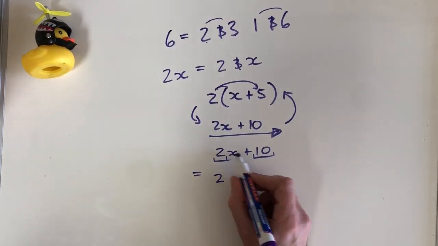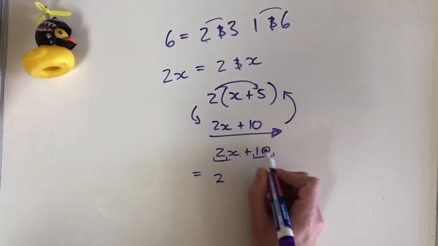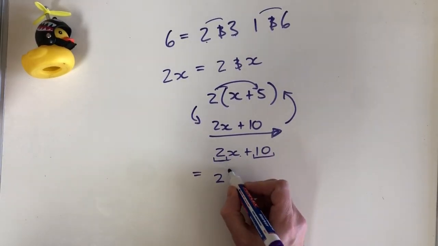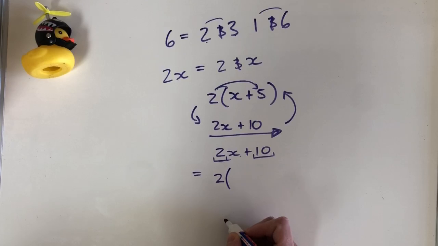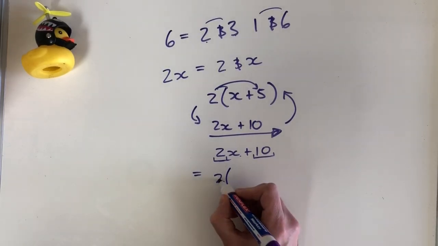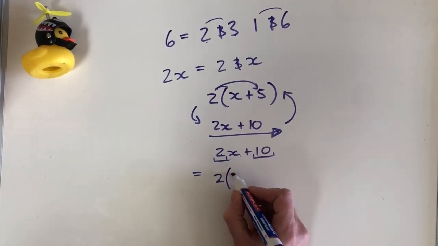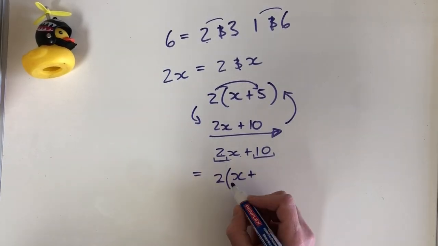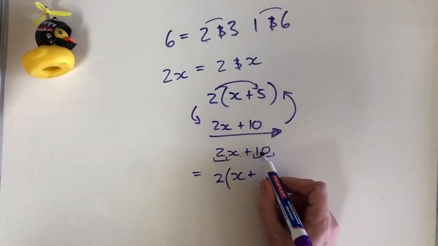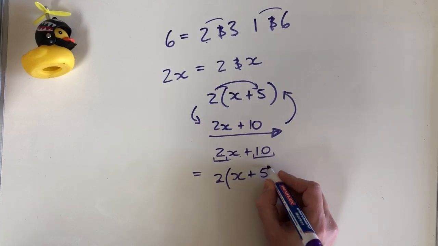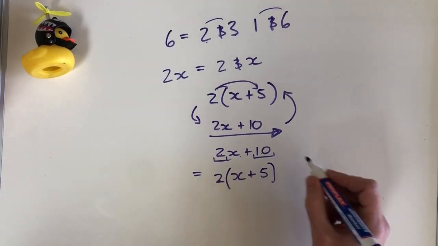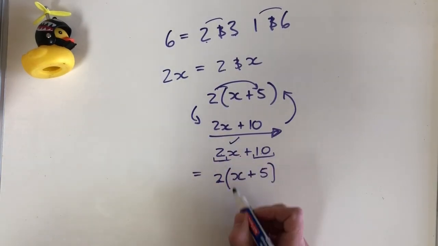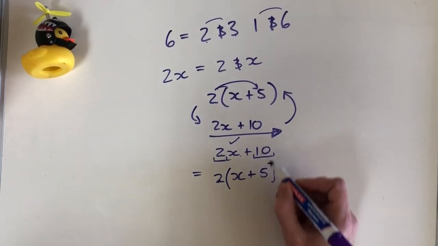There's not an x common in these two terms, so I can just write a bracket, and then I ask myself: 2 times what will give me 2x? Well, 2 times x. And I can put the plus there. And then the next question: 2 times what will give me 10? Well, that would be 5. So now I've factorized. I just went the other way. And I can always test it, because 2 times x is 2x, so that's correct, and 2 times 5 is 10.